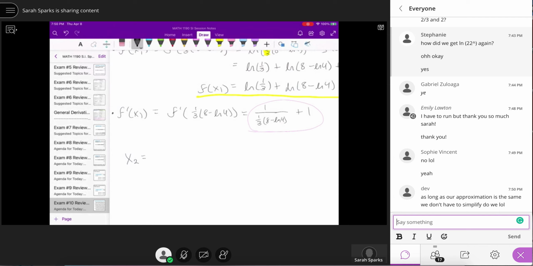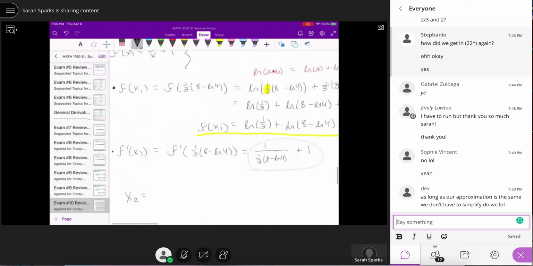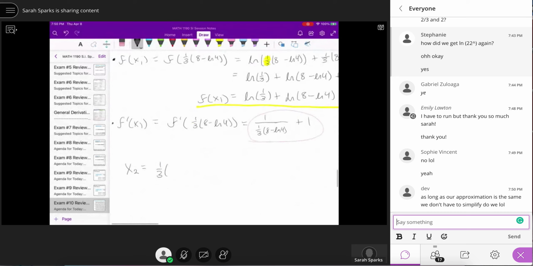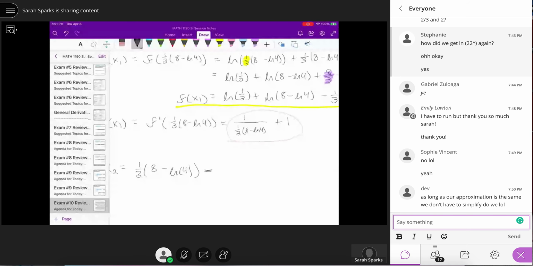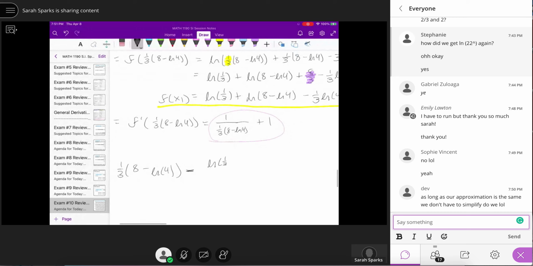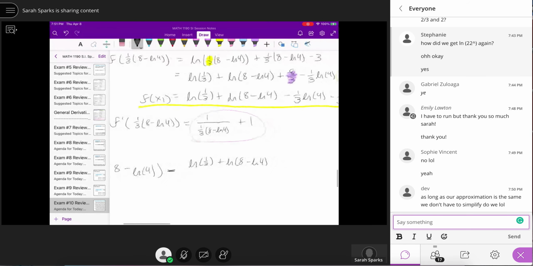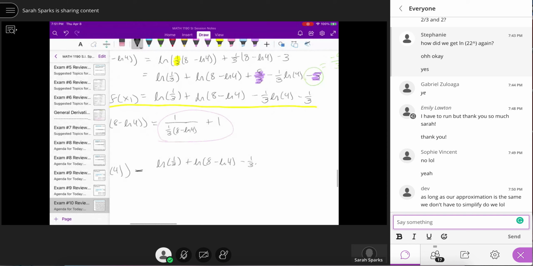So our x2 is going to equal, we have our x1, which is 1/3 times 8 minus natural log of 4, minus our f of x1, which is natural log of 1/3 plus natural log of 8 minus natural log of 4, minus 1/3 natural log of 4, minus 1/3, over, in parentheses, 1 over 1/3 times 8 minus natural log of 4, plus 1.